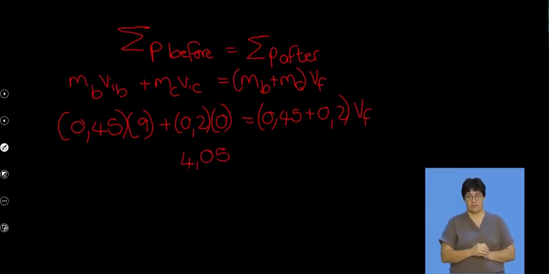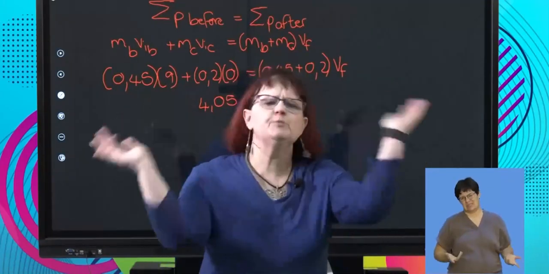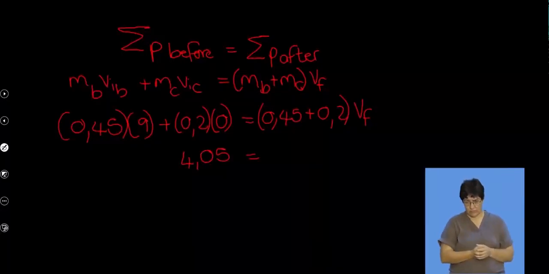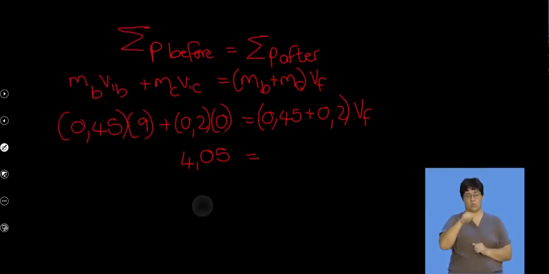I'm not going to worry about the 0.2 times 0 because I know it's 0. Okay. If you need to put everything in your calculator, please put everything in your calculator. Then I'm going to add the two masses together. So 0.45 plus 0.2, which gives me 0.65.